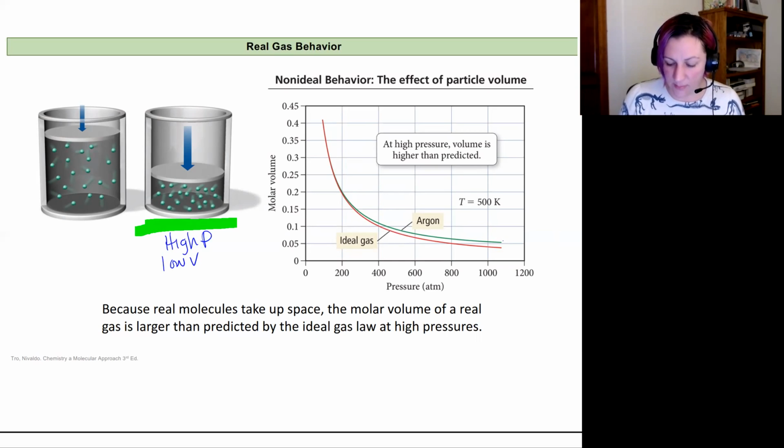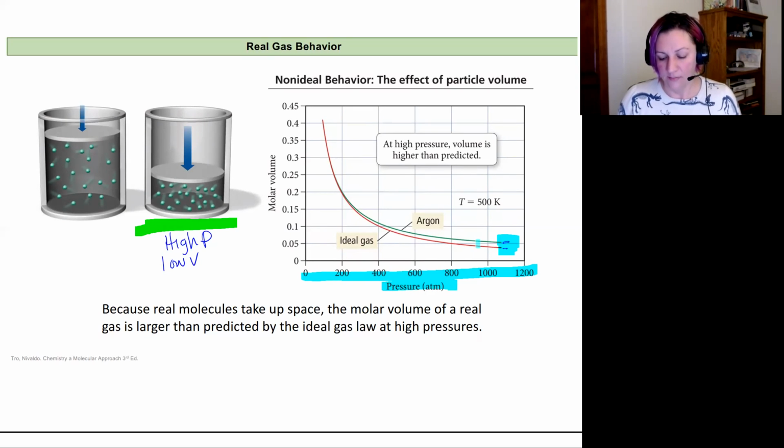So here's an example of argon and an ideal gas behavior for argon and the amount that they deviate as pressure increases down here. And this is all at 500 Kelvin. And so what we see is that at high pressures, our volume is always higher than we would expect, and that's because of the volume the particles take up within the space.